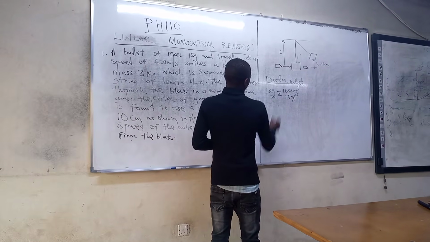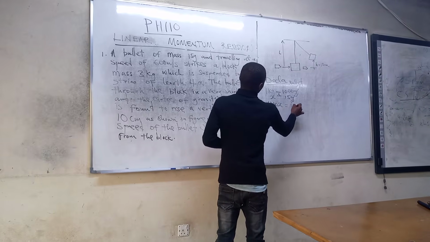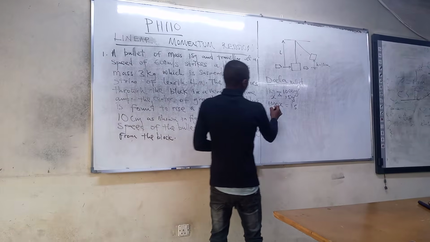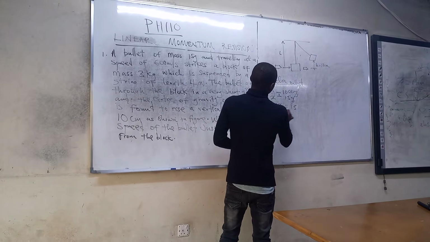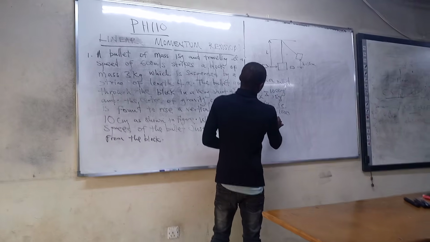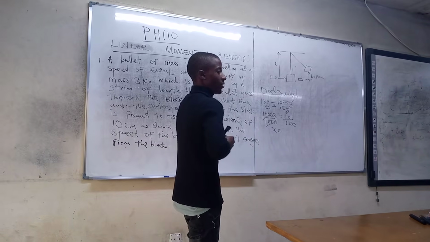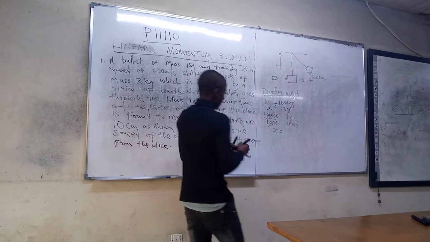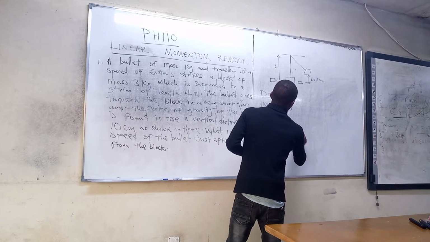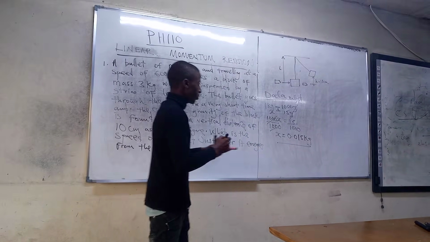So when you cross multiply, you get 1,000 X is equal to 15. We are going to divide both sides by 1,000. So 1,000 over 1,000. When you divide 15 over 1,000, what are you getting as your mass in kilograms? 0.015 kg. So this is the mass that we are going to use for the bullet.